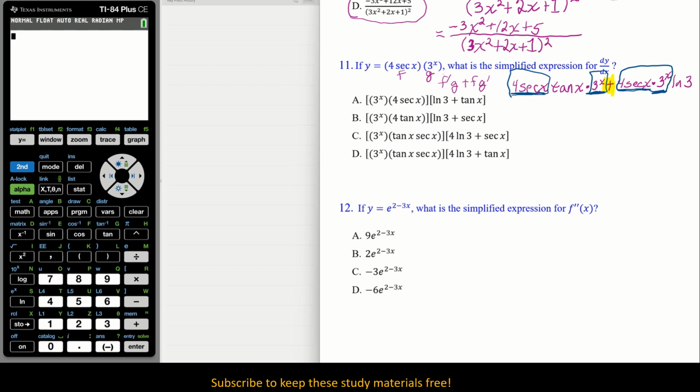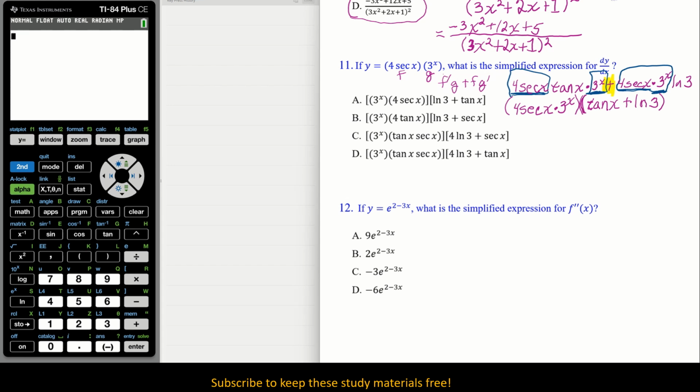I'm going to pull it out as I see it. I see 4 secant x times 3 to the x power. And that is, now I'll put it in parentheses. And then what do I have left? I have tangent x plus ln natural logarithm of 3.